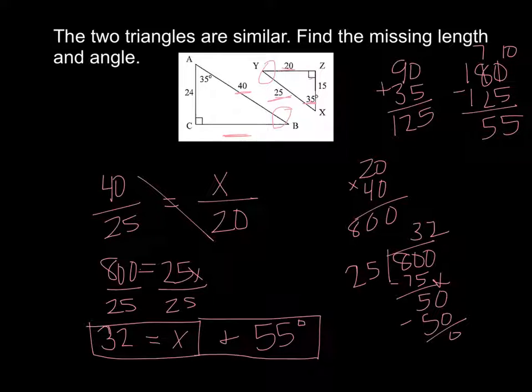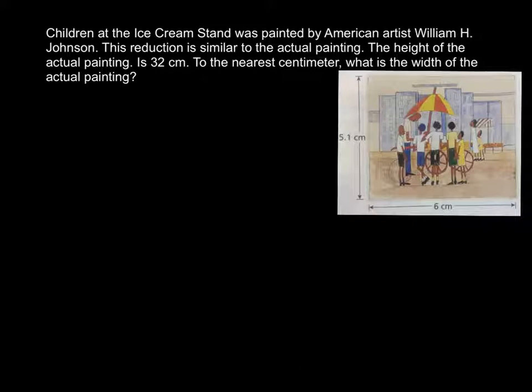All right, let's try one more. Children at the Ice Cream Stand was painted by American artist William H. Johnson. This reduction is similar to the actual painting. So when it says similar, it means same shape, just different size.